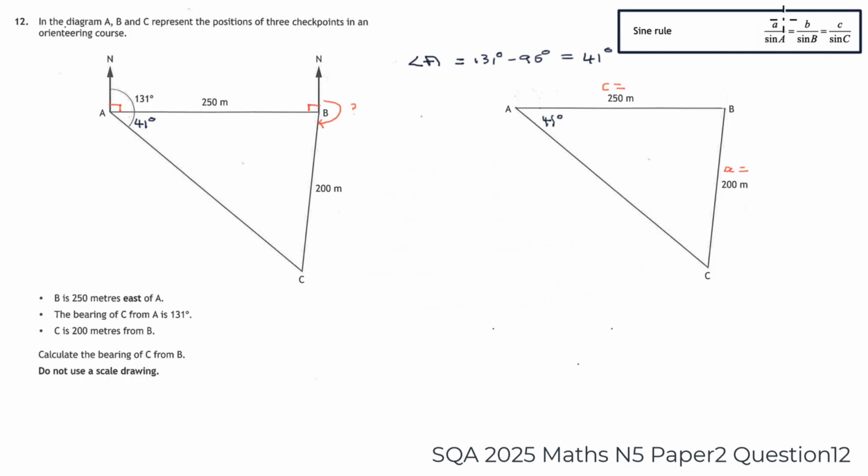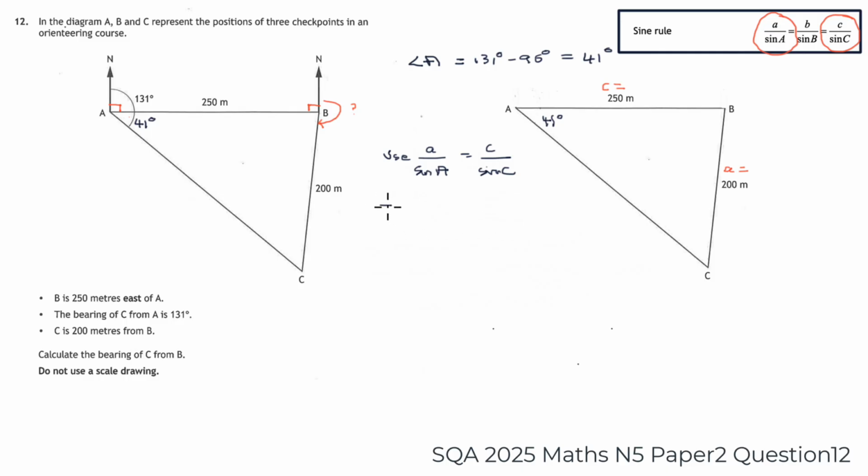So it would appear that what we are going to use is a over sine A being equal to c over sine C. So let's write that down. So we'll use a over sine A equals c over sine C.